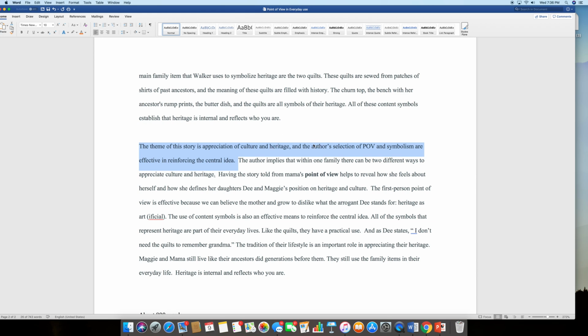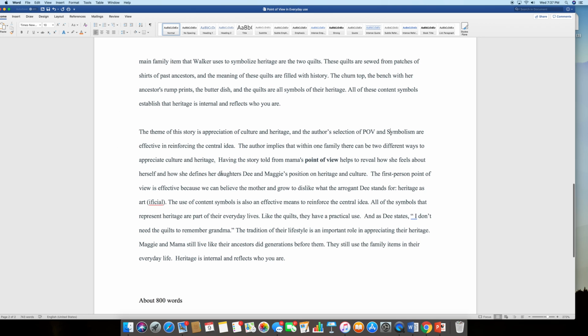The author's selection of point of view and symbolism. Why did you capitalize point of view and not symbolism? Why don't we parallel them? And let's make this element of fiction also important and capped. The selection of point of view and symbolism are effective in reinforcing the central idea.